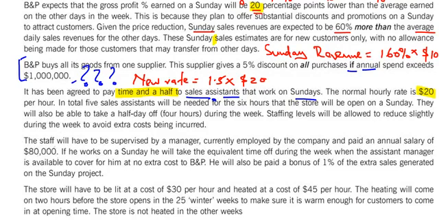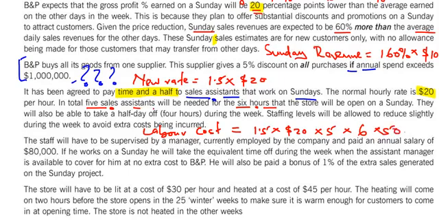We have 5 sales assistants who are going to work 6 hours a week. So the labor cost will be the new rate, 1.5 times 20, times 5 sales assistants, who are working 6 hours and 50 weeks. I hope that makes sense.